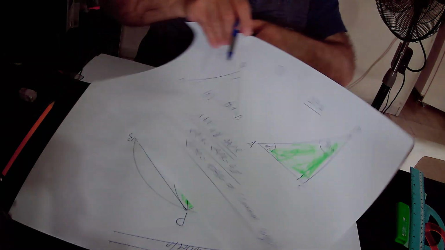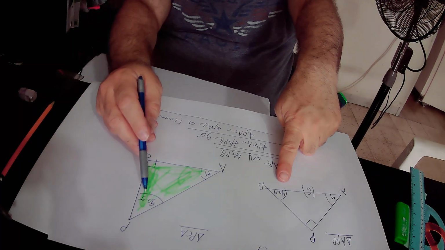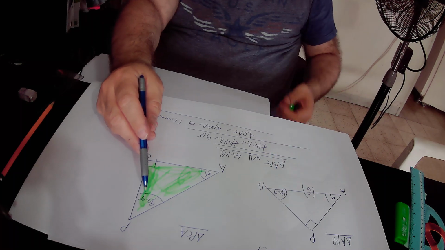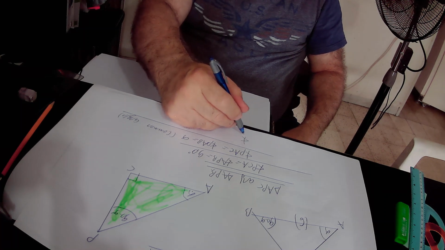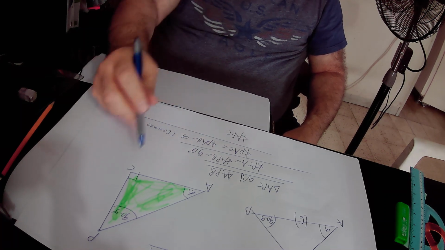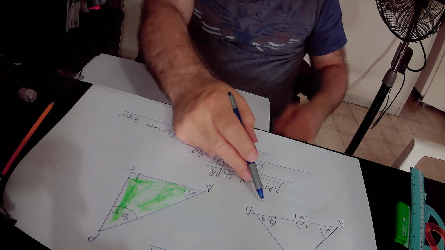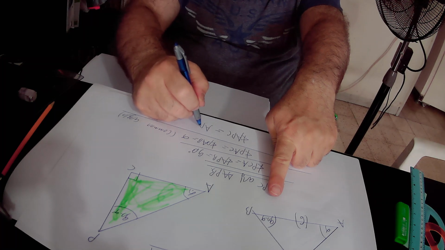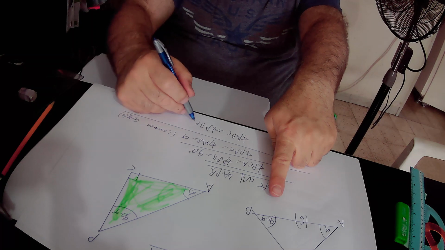Okay, and finally, those two angles, they are both equal to 90 degrees minus alpha, therefore they are equal to each other. So actually this is angle APC in the right green triangle APC, and it is equal to this angle, that is actually angle ABP in the white triangle.